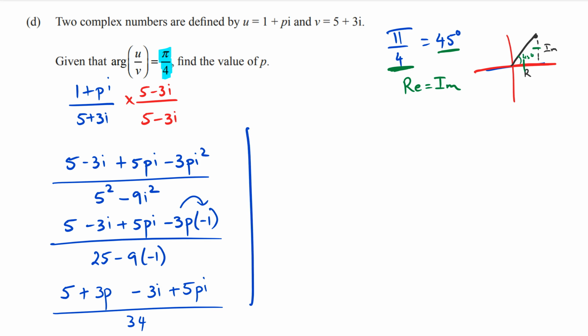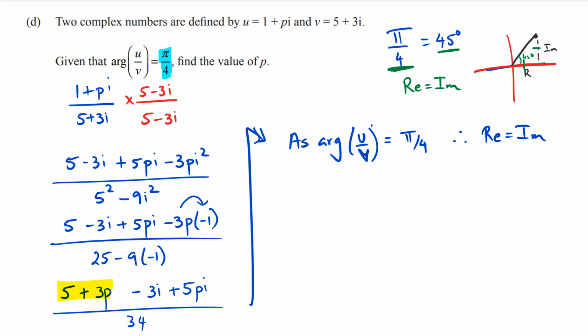So from here, we can say something like this. As the argument of u over v equals pi over 4, therefore real is equal to imaginary.